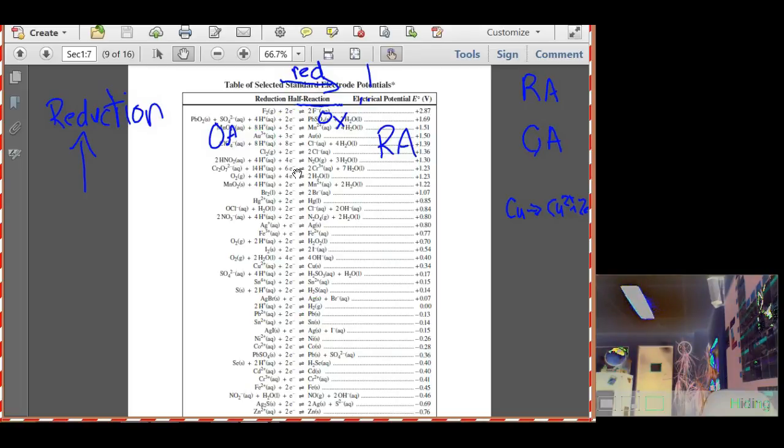Question 5A. If the calcium is reduced, that makes it an oxidizing agent. If the iodide is oxidized, this makes it the reducing agent. Please find those on the table.